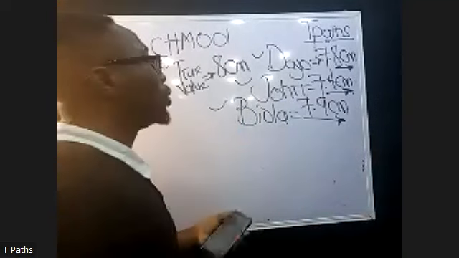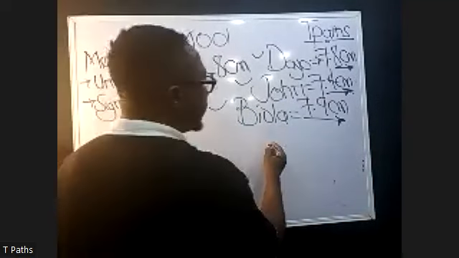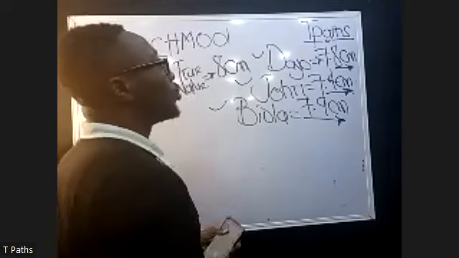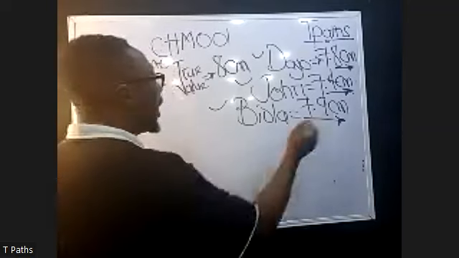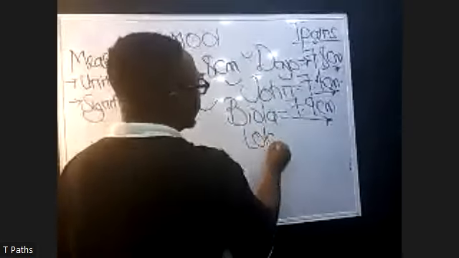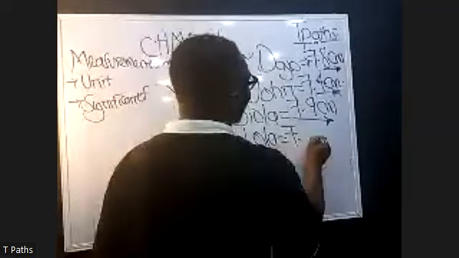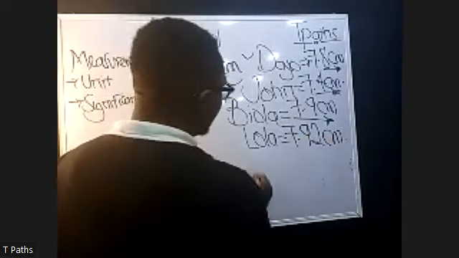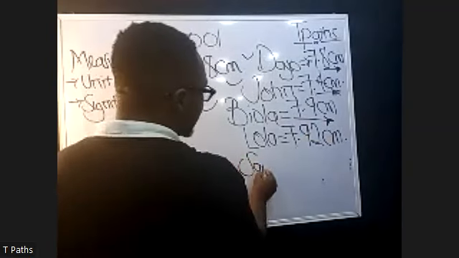So for instance, because of that, I want a wider set of people to measure the length of the board. I brought in Lola. Lola measured hers and said it's 7.92 centimeter. I called another person, Samuel.